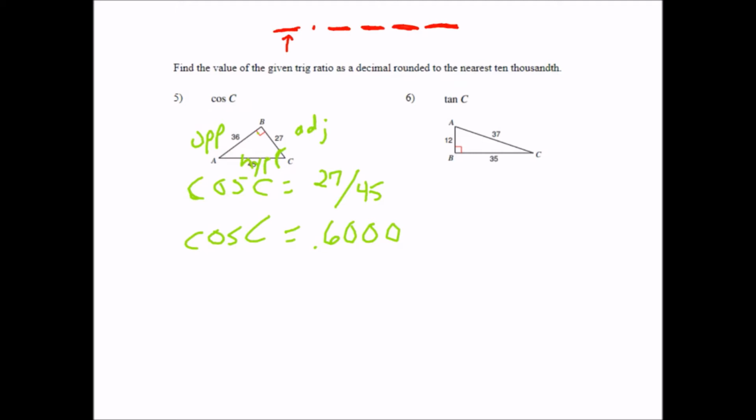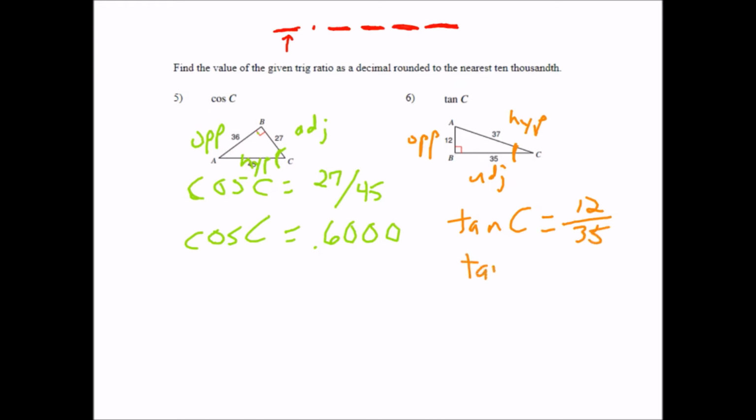All right, so for number 6, tan of C, so there's our reference angle C. Across from the 90-degree angle is the hypotenuse. Opposite the reference angle is opposite, and then we have adjacent here. So for tangent, TOA, that's opposite 12 over adjacent 35.